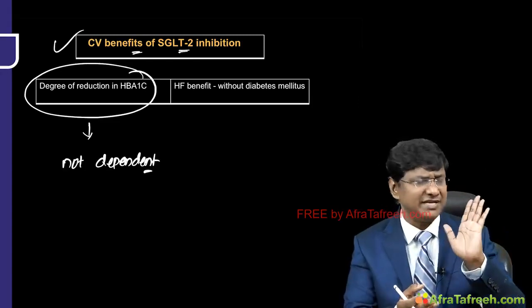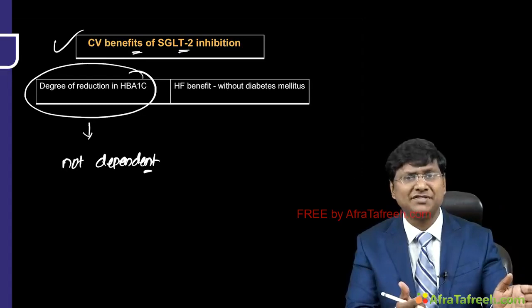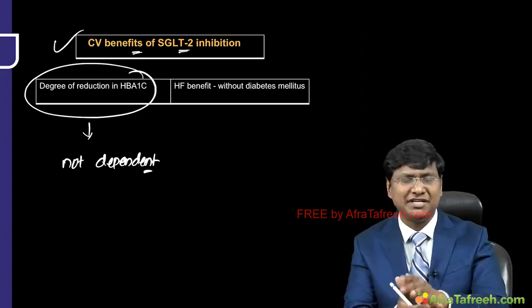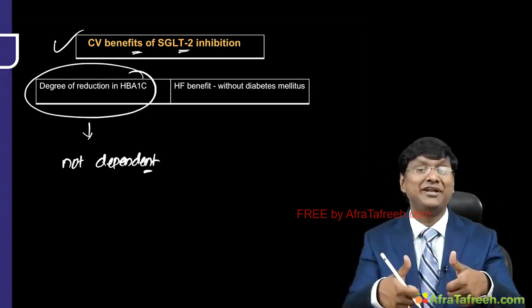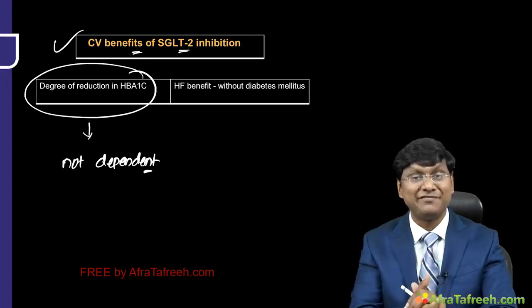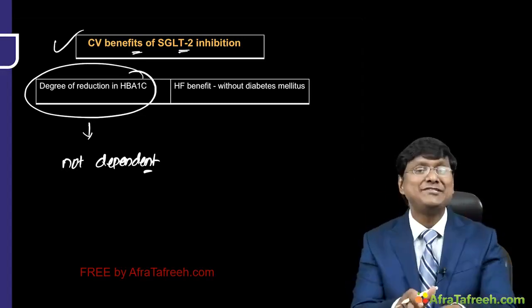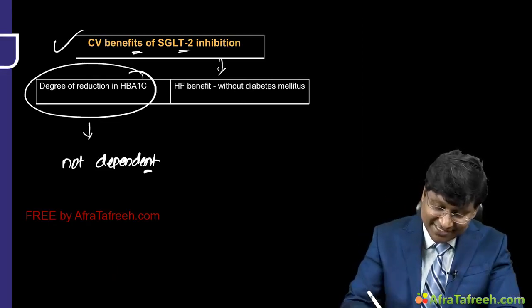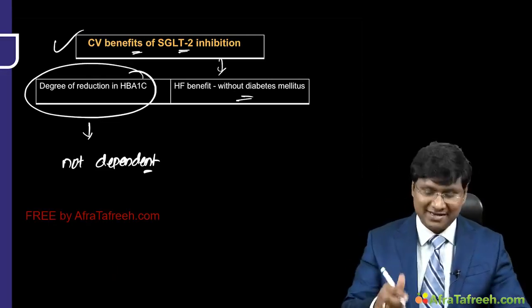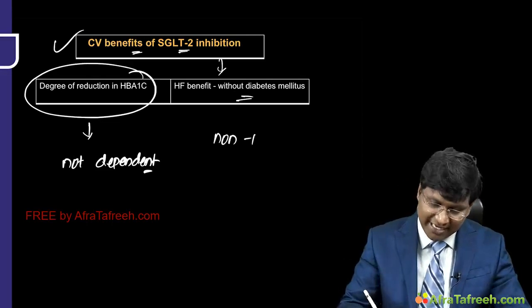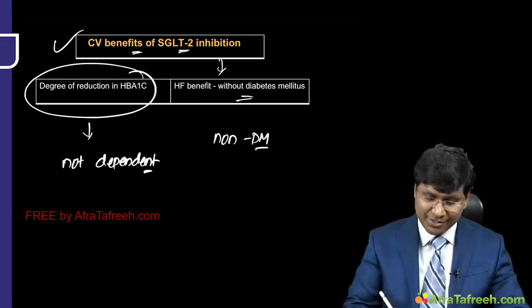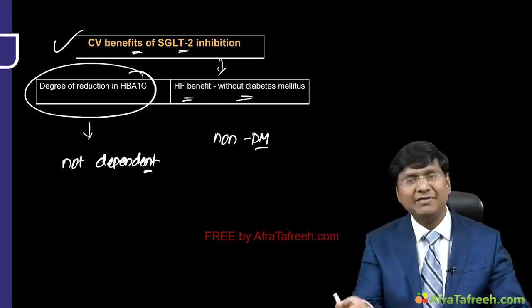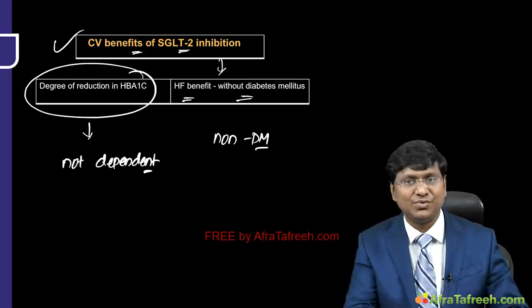Whether the HbA1c is normal or increased, SGLT2 inhibitors have very good efficacy in patients with heart failure with reduced ejection fraction. This study has shown that SGLT2 inhibitors can be given even in non-diabetes mellitus also. So there is heart failure benefit even without diabetes mellitus.